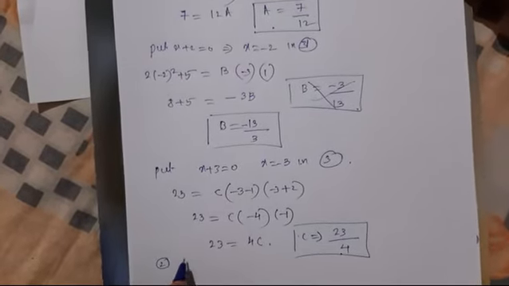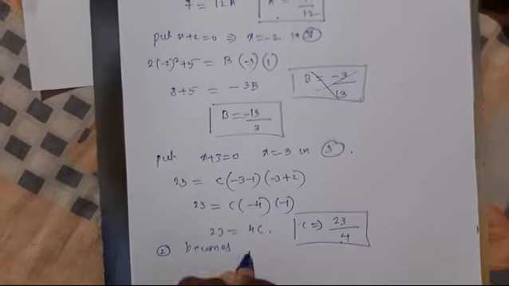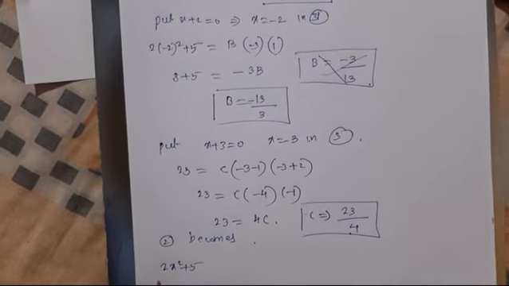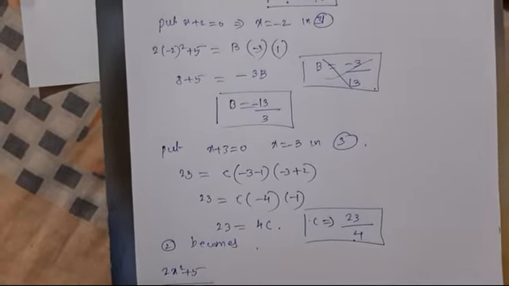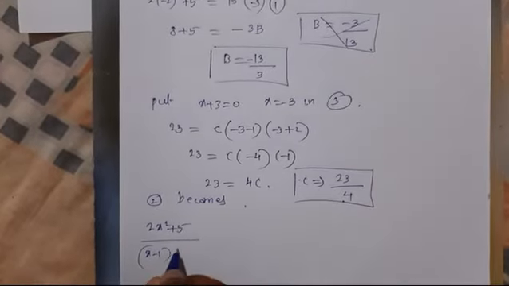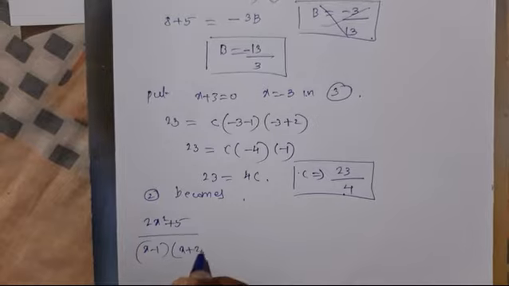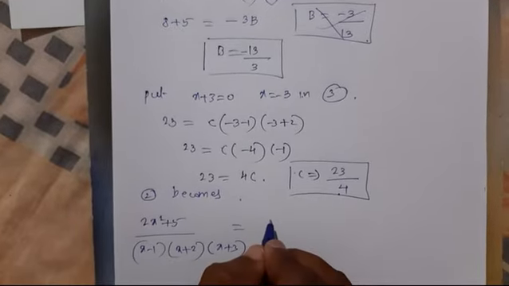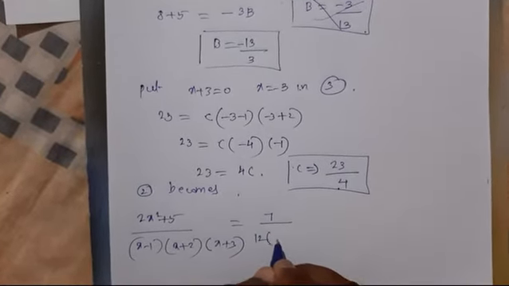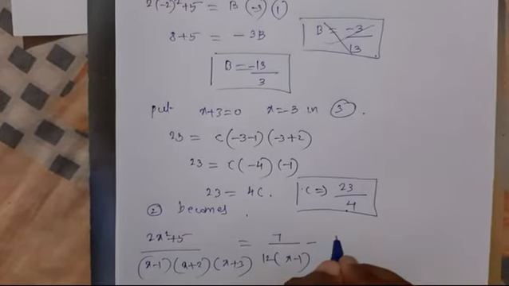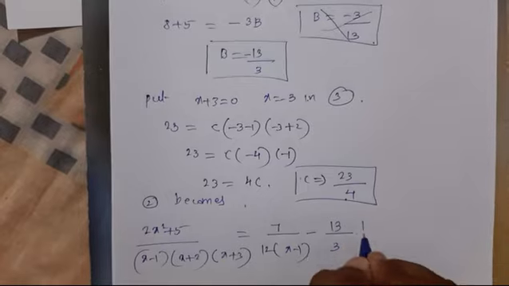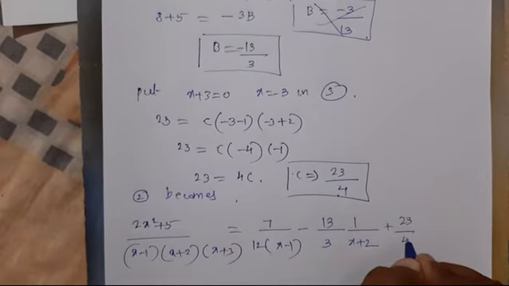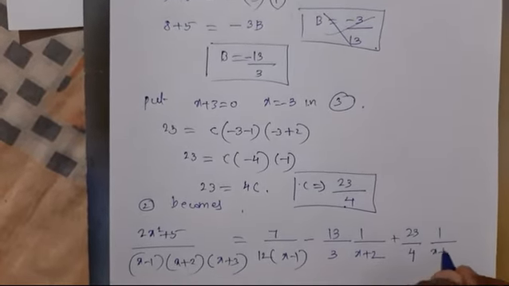So therefore our equation number 2 becomes 2x square plus 5 divided by x minus 1 into x plus 2 into x plus 3 is equal to, the value of a is 7 upon 12, 7 upon 12 into 1 upon x minus 1, b is minus 13 upon 3, minus 13 upon 3 into 1 upon x plus 2, and c value is 23 upon 4, 23 upon 4 into 1 upon x plus 3.